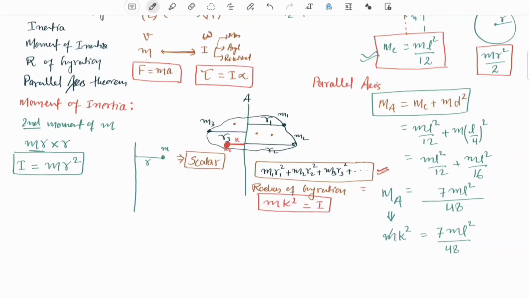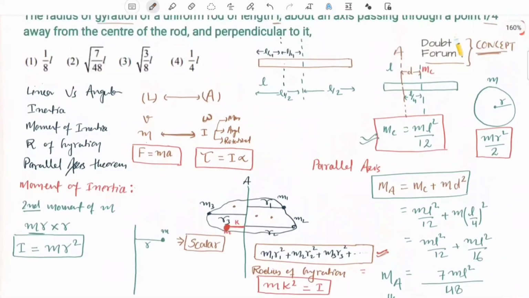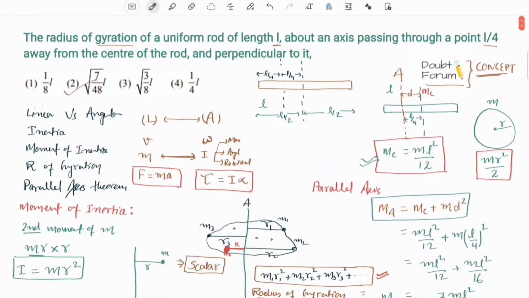So we can calculate k is equal to the square root of 7 upon 48, with L coming outside. We can further simplify, or we can just say this is the answer. If this is the answer, the option is 2. Option number 2 is the answer.